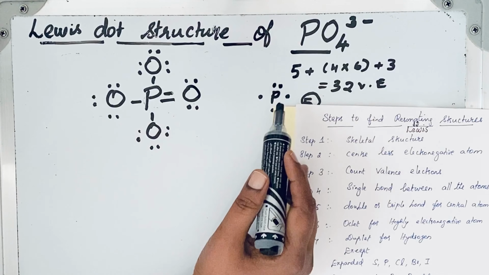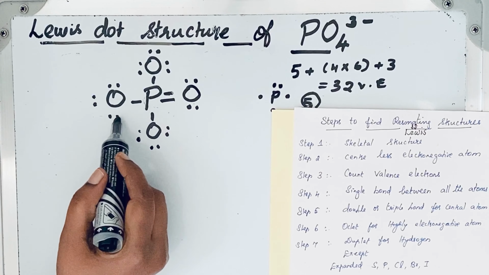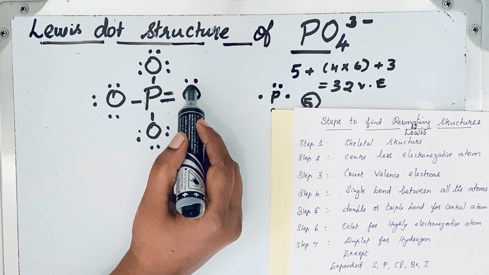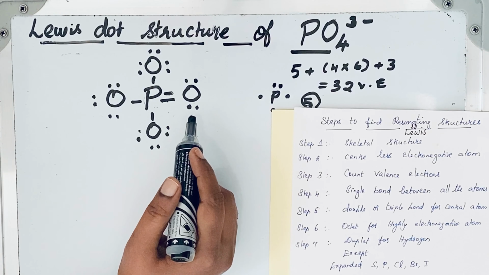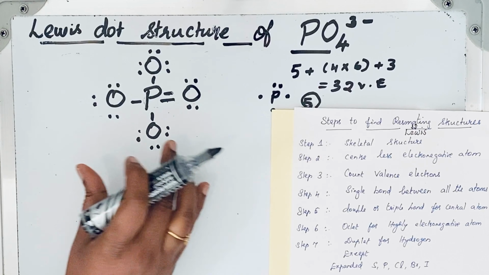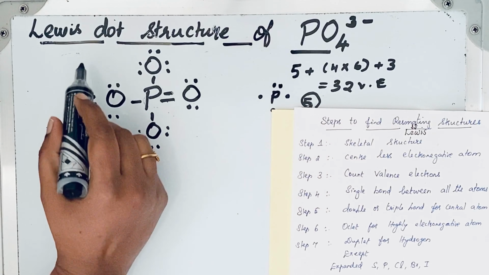Now let us check whether 32 valence electrons are present or not: 2, 4, 6, 8, 10, 12, 14, 16, 18, 20, 22, 24, 26, 28, 30, 32. So 32 valence electrons are present. So this Lewis dot structure for the phosphate ion is absolutely correct.